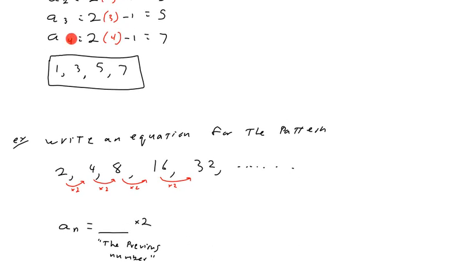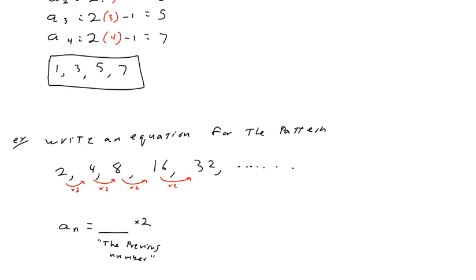Well, if I'm on a sub n, right? If I'm on the fourth number, for example, well, the previous number was a sub 3. If a sub 4 is my current number, the one before it is 1 less, a sub 3.